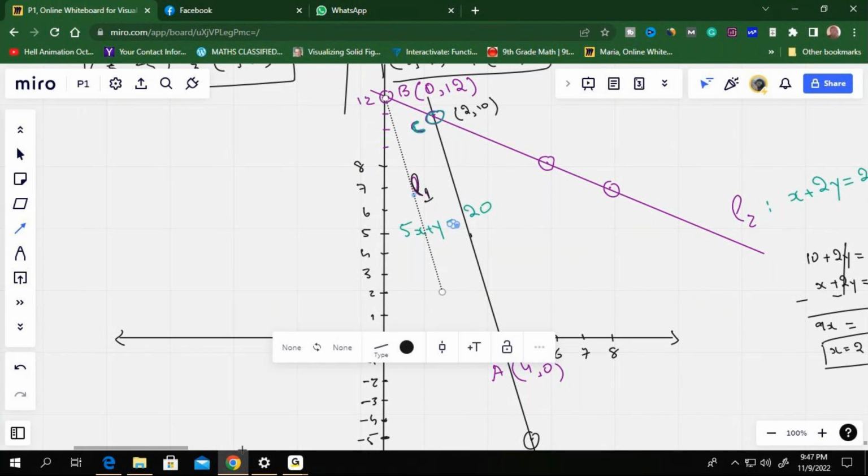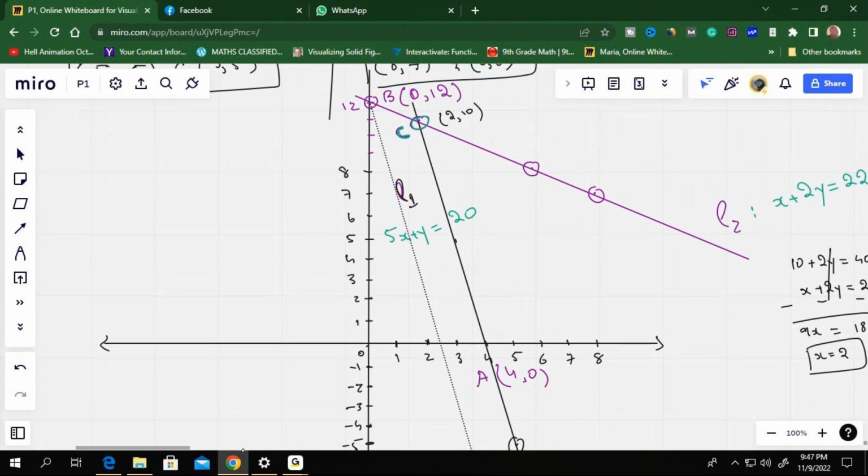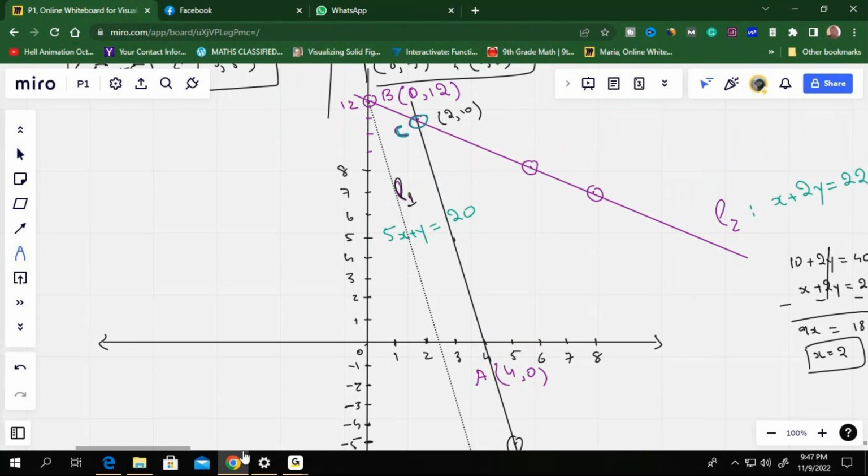I try to draw a line parallel to my L2 and a line parallel to my L1. This dotted line is a line parallel to my L1. I extend it beyond like this. And a line that is parallel to my L2 and passing through A, because A is the vertex of your required quadrilateral. Make sure that it is parallel to your L2.